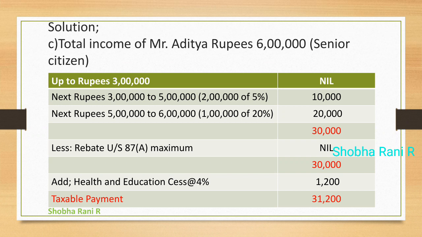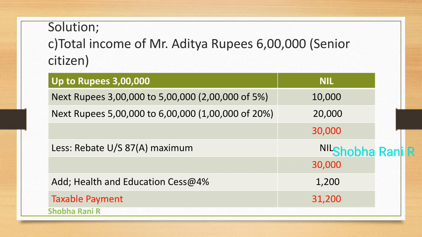For senior citizens, up to a net income of 3 lakh rupees, the income tax rate is nil. The next 3 lakh rupees to rupees 5 lakh is taxed at 5%. So we have to take the difference here, 3 lakh to 5 lakh. The difference amount is 2 lakh. On 2 lakh, 5% comes to 10,000.